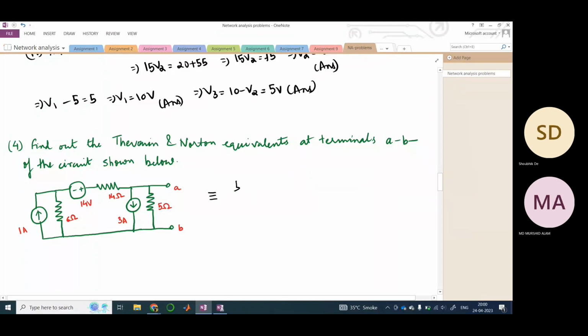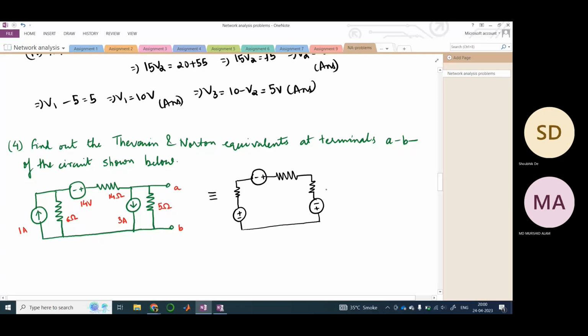So this would be how much? There is a resistance. This would become a voltage source here, and this is again a voltage source, right? So this is a voltage source, resistance here, and again this would be pointing downwards because the 3 ohm current source is pointing downwards, right?